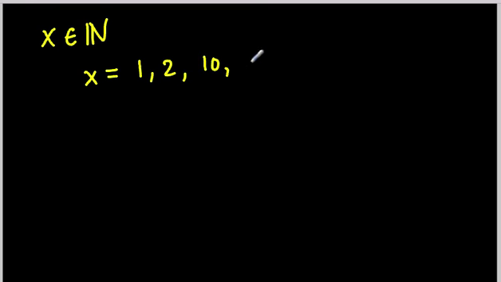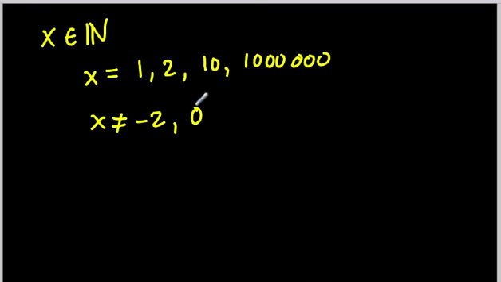Let's give another example. If I said x is an element of the natural numbers, then all it means is that x can be, for example, 1 to 10, a million, right? But x cannot be -2 because the natural numbers cannot be negative.